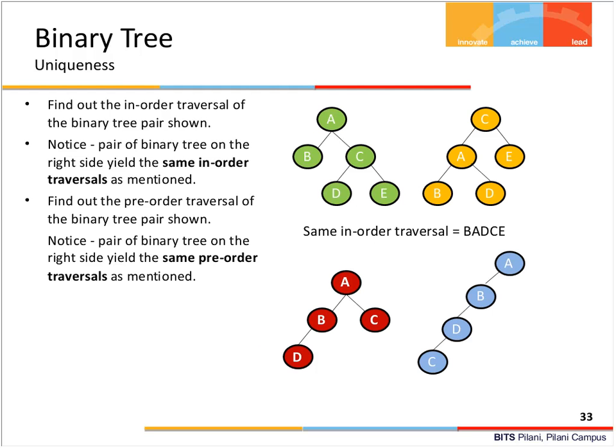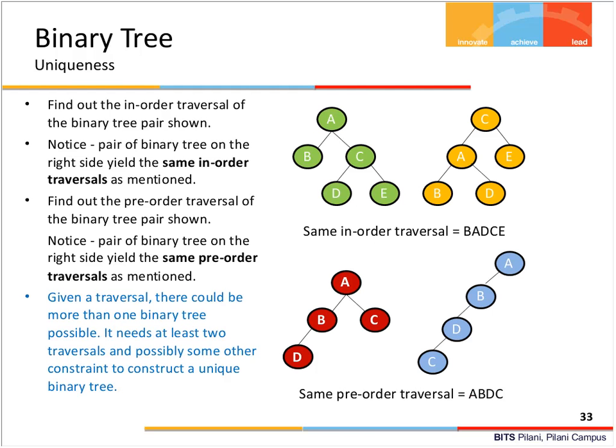So the question which I am trying to raise is, given a traversal, for example, if I give you a traversal, there could definitely be more than one binary tree possible, right? We have seen just now. So let me put it in the right way: how many traversals do I need?